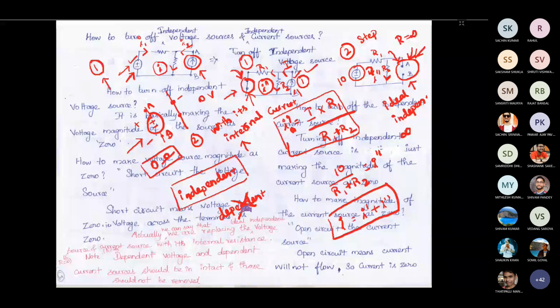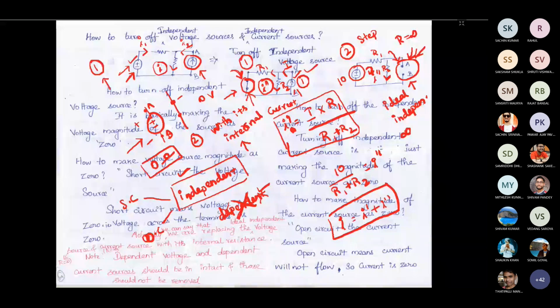If it is a voltage source, you should short circuit it. That is the internal resistance, that is 0. For a current source, you have to open circuit it because its internal resistance is infinite. Now that is applicable only for the independent source. If you have a dependent source, you should not suppress it. You should not make that magnitude as 0.